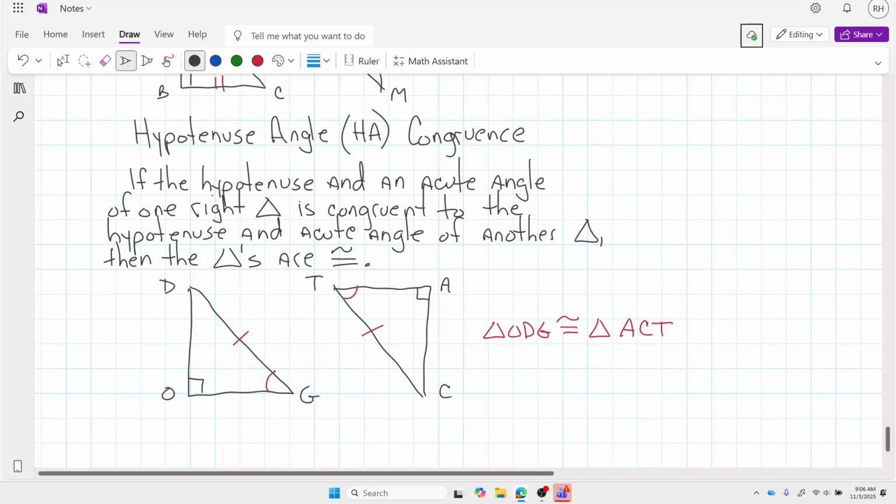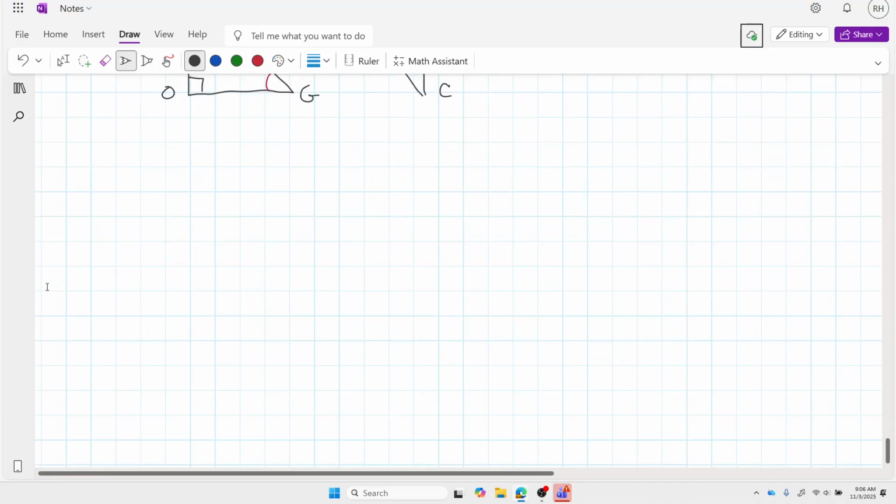Move on down the page to theorem 5.8, leg angle congruence. And that one's going to be LA.